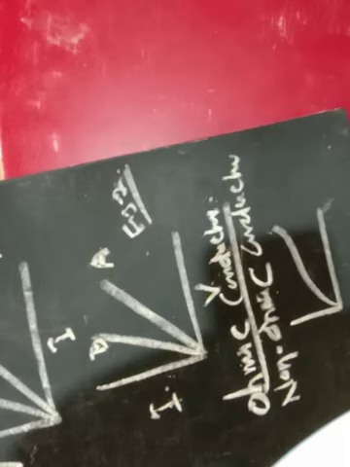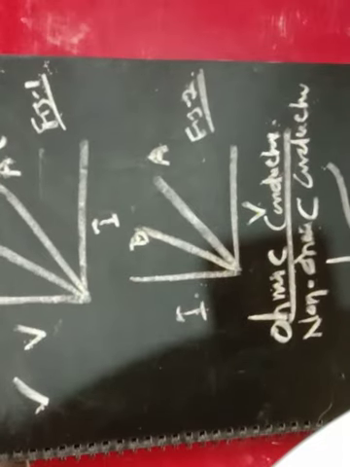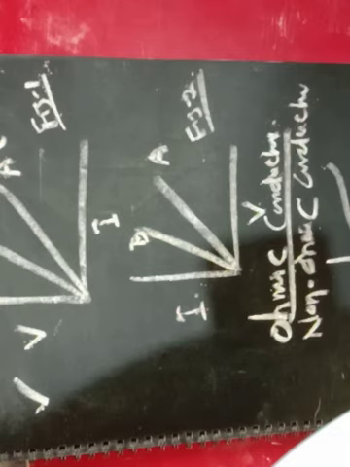Diode valve is a non-ohmic conductor, gases are non-ohmic conductors, junction diode also is a non-ohmic conductor. PN junction diode, whatever you are telling, this is a non-ohmic conductor. Diode valve also. So these are the non-ohmic conductors.